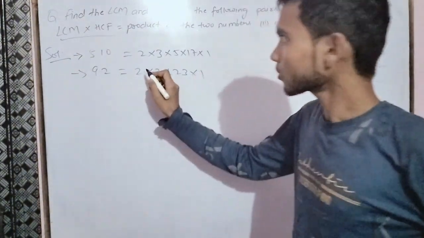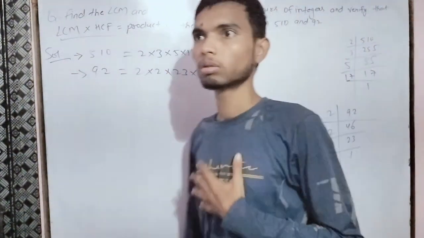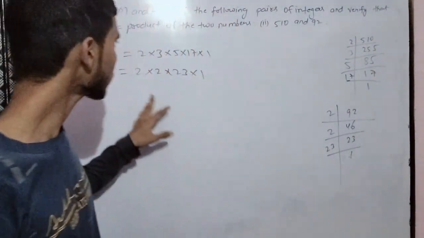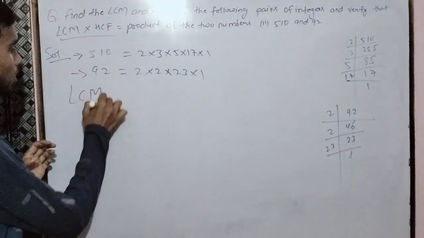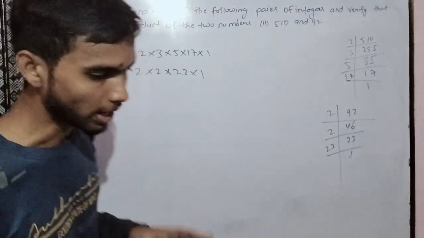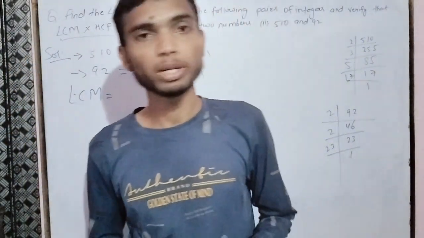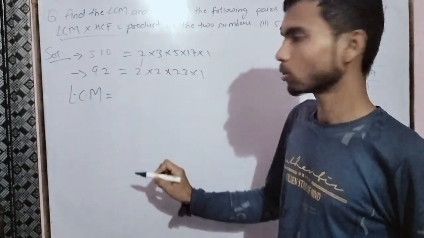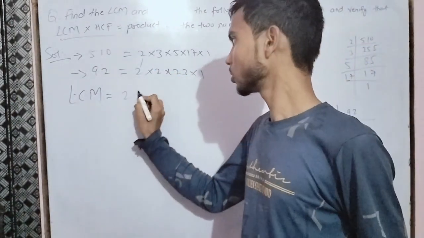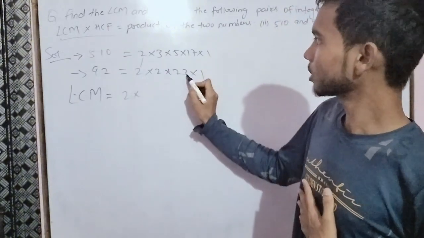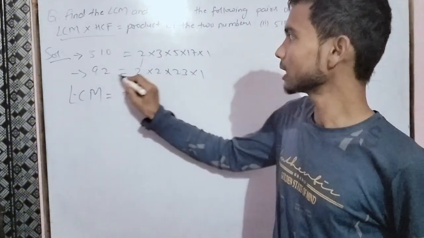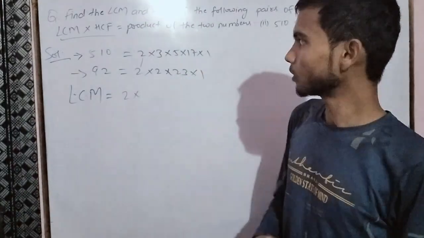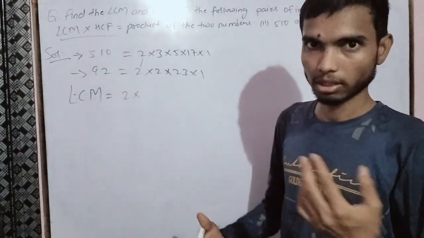So here I have told you, when it comes to LCM, then you will just take the common. For example, this 2, you will write one time. And here there is a 3, but in this number there is no 3. There is a 23, so we don't have any next number which is common.